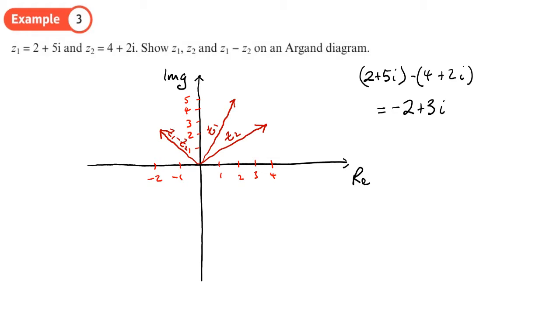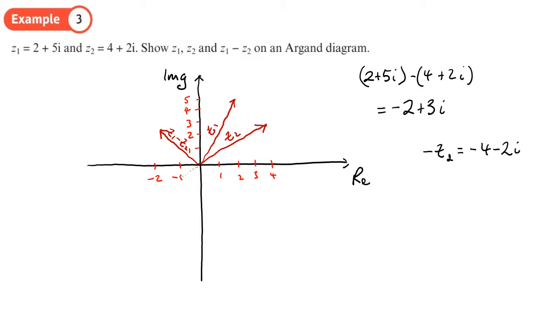Now, how do we interpret that geometrically? Well, if we look at Z2, we were doing Z1 minus Z2. Minus Z2 reverses the signs of the real and the imaginary parts. If Z2 is 4 plus 2i, then negative Z2 would be minus 4 minus 2i.